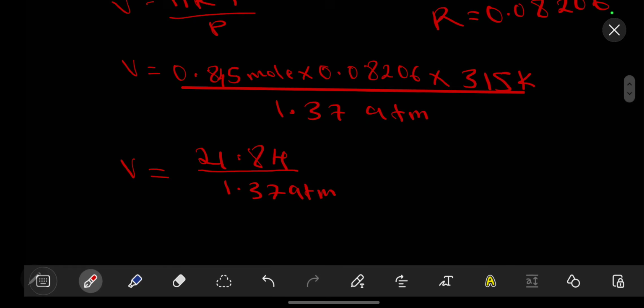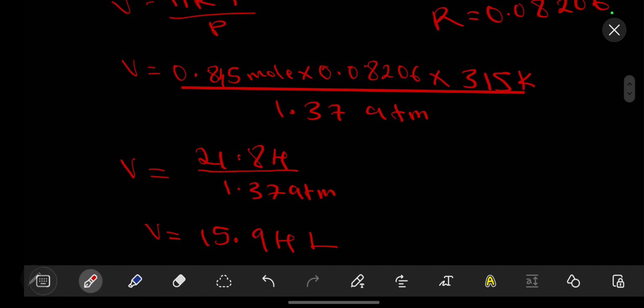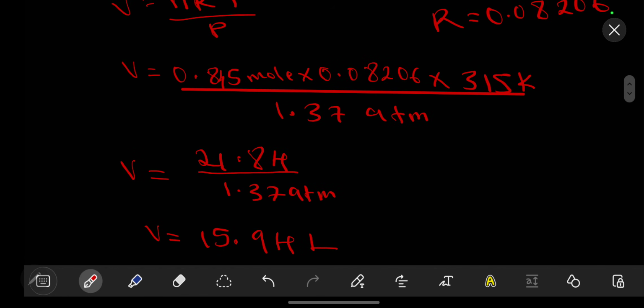We are going to find that our volume is equal to 15.94. The volume is in liters. Provided that you have the pressure in atmospheres, temperature in kelvins, and the moles, your volume will always be in liters.